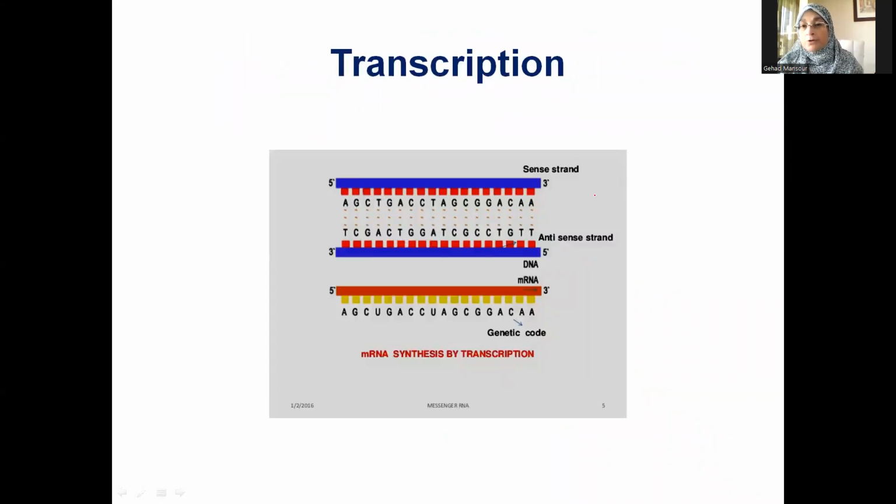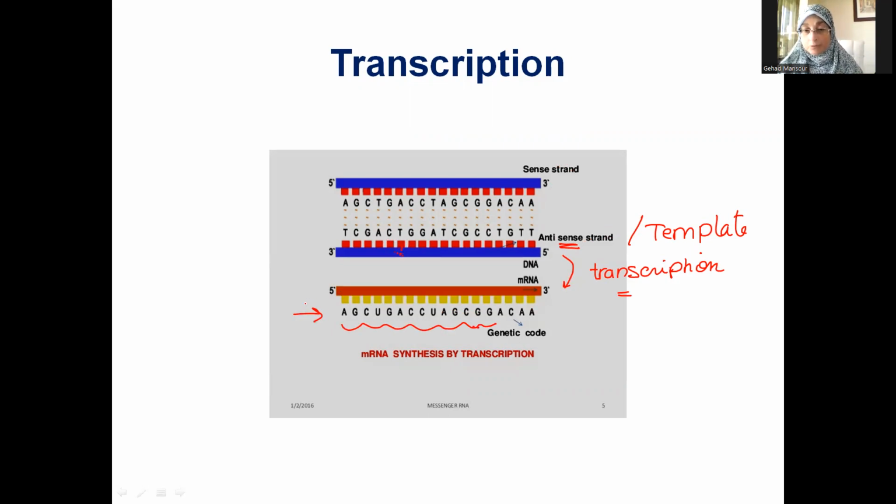On the DNA molecule, the strand that is used for transcription of a complementary strand will be called the antisense strand or the template strand, whereas the other one is called the sense strand. So transcription is building a complementary sequence of messenger RNA on top of the template strand of DNA.